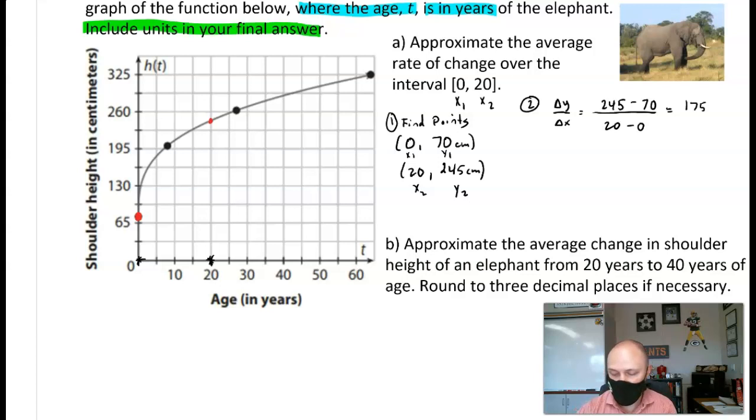You should receive 175 centimeters over 20 minus 0, that's 20 years, which is approximately 8.75 centimeters per year. Okay, so there is our average rate of change over that interval.